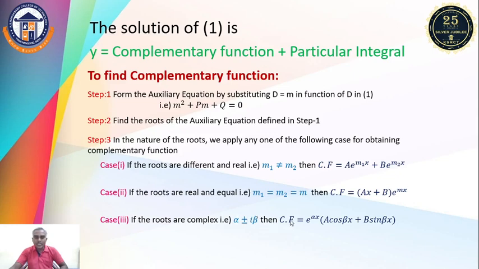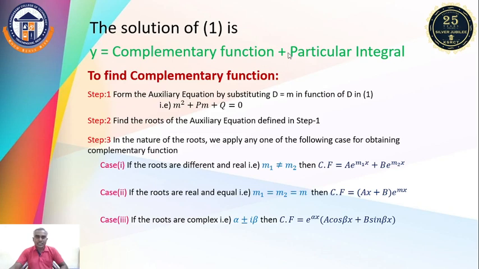How to write the CF? The CF is represented as e power alpha x into (a cos beta x plus b sin beta x). Okay, so by the nature of the roots, we have to take any one of the following cases for obtaining the complementary function. That's all the procedure to find the complementary function.